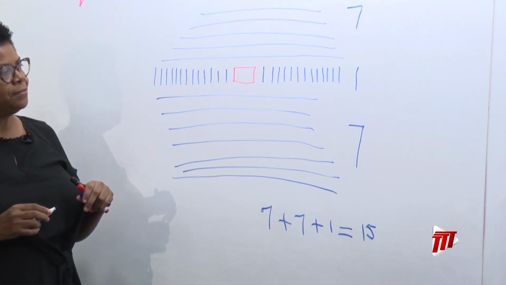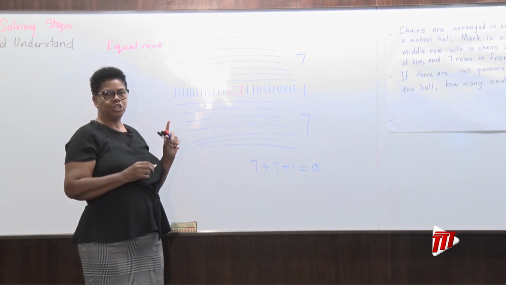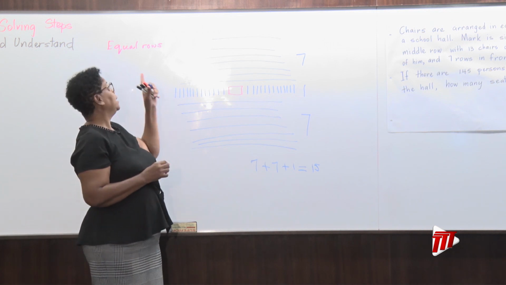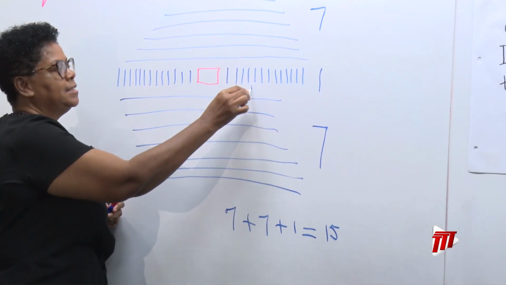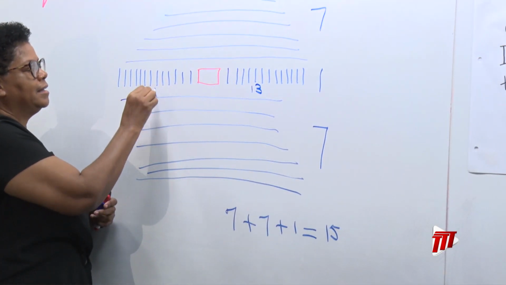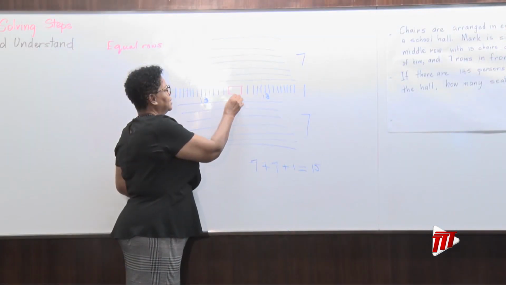But we also need to find out the number of chairs in each row. They said they are equal rows. So if this is 13 and this is 13, then this is 1.